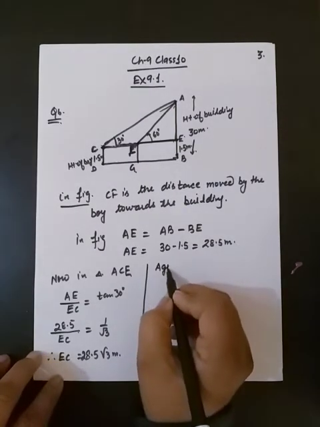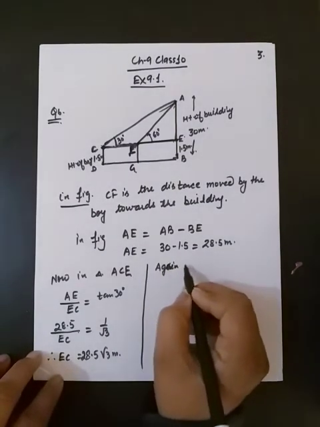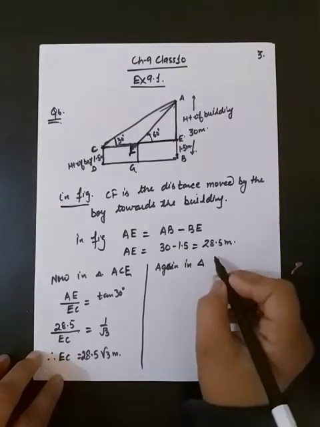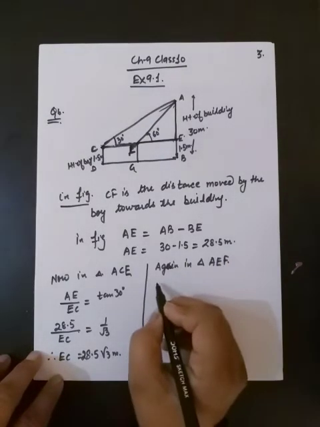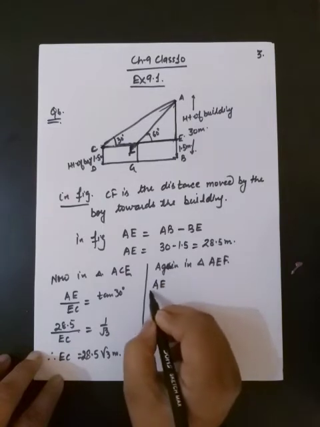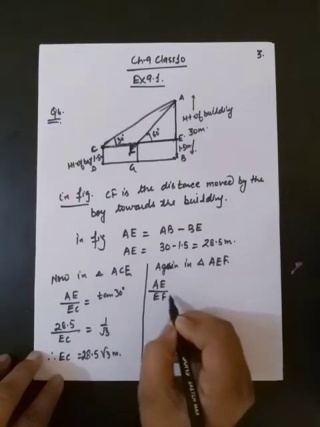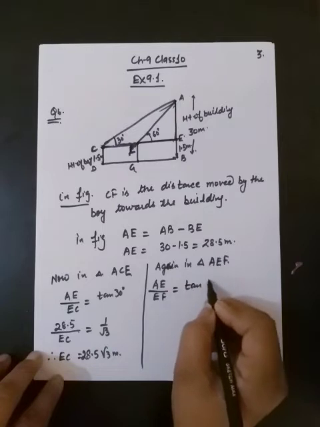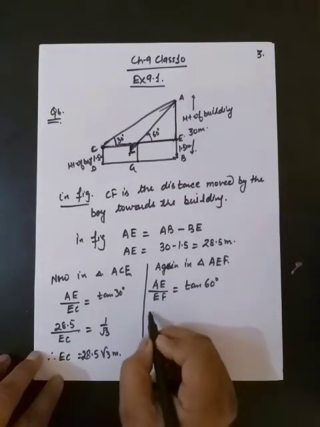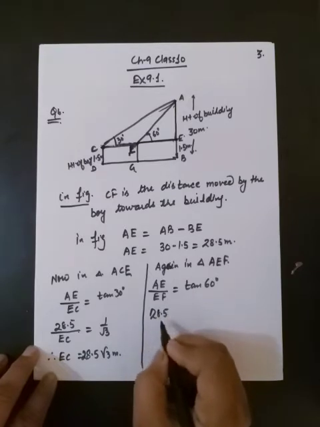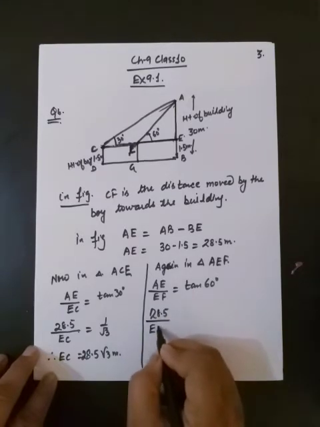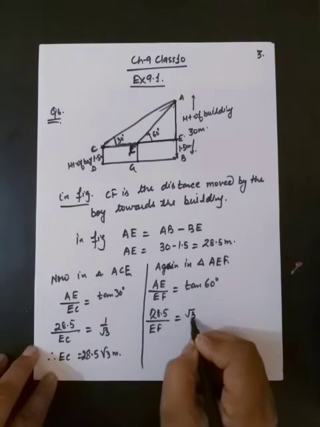Again we can take the second triangle. In triangle AEF, AE by EF is equal to tangent, now the angle is 60 degree. So AE is 28.5 by EF is equal to root 3.